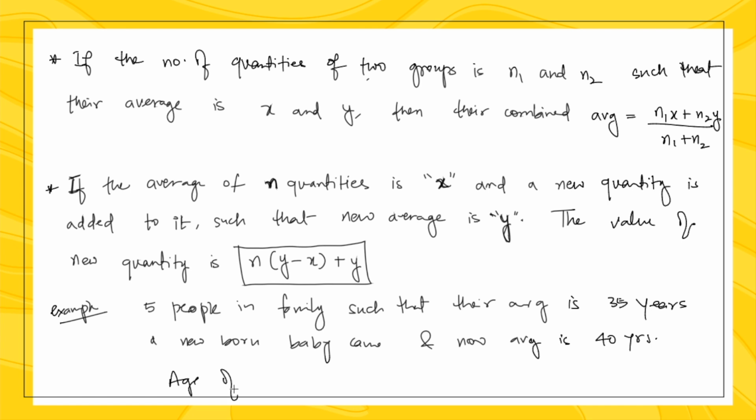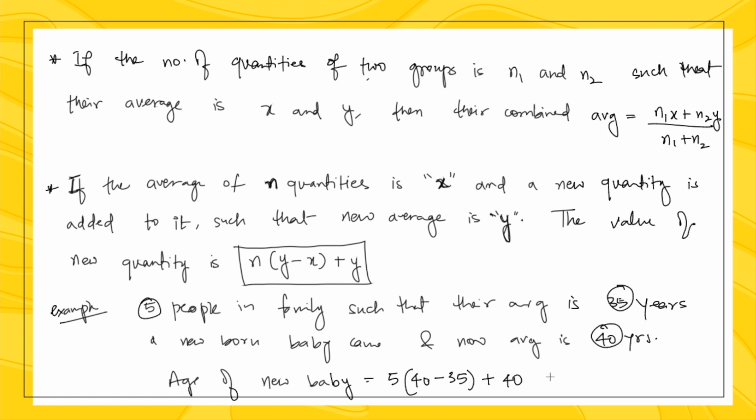So the age of the new baby who is added to the family will be given as, n is 5 here, x is 35 here, and y is 40 here. So it will be 5 into (40 minus 35) plus 40, since y is 40.